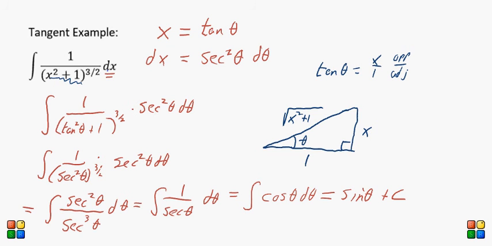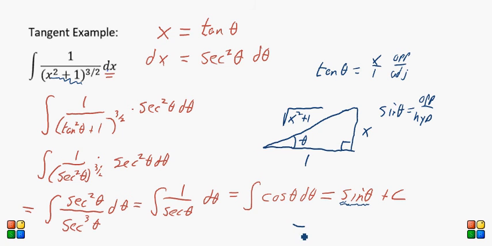And now that I know this triangle, I can substitute back, because my answer that we had a moment ago had the sine of theta. I need to write that in terms of x, but sine of theta is opposite over hypotenuse.